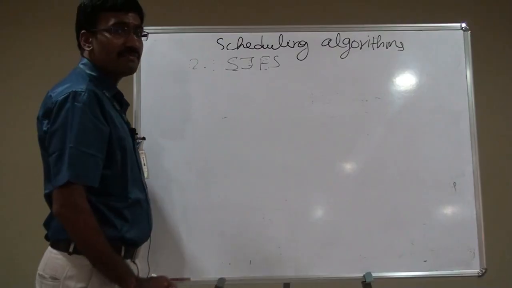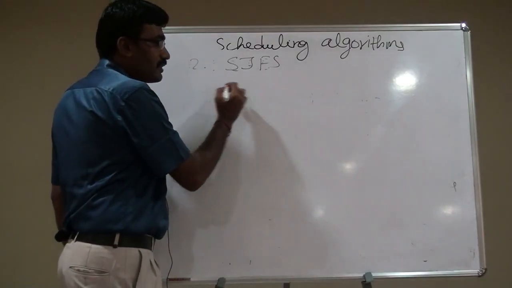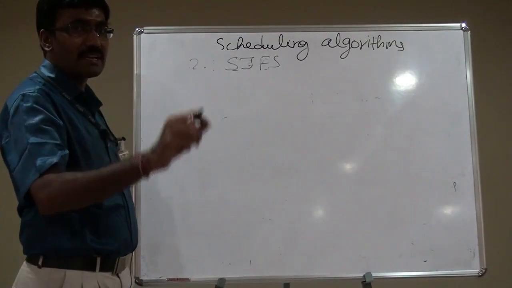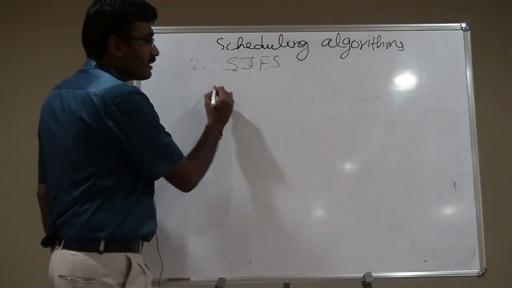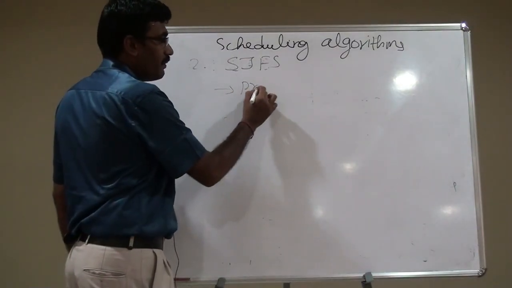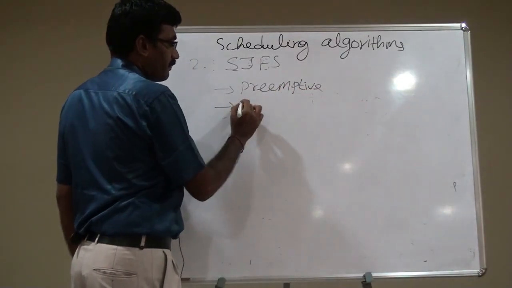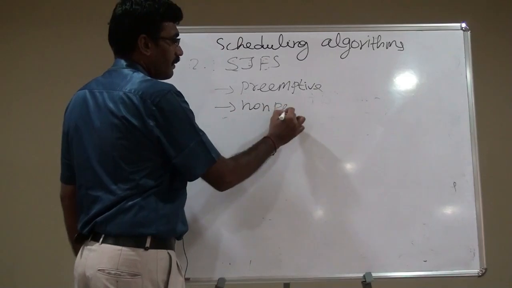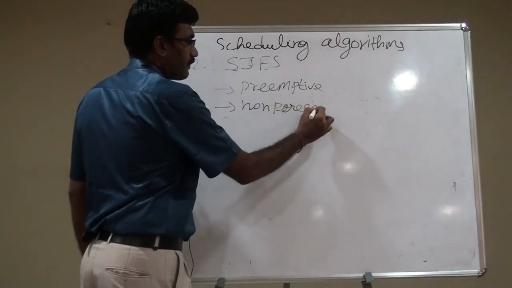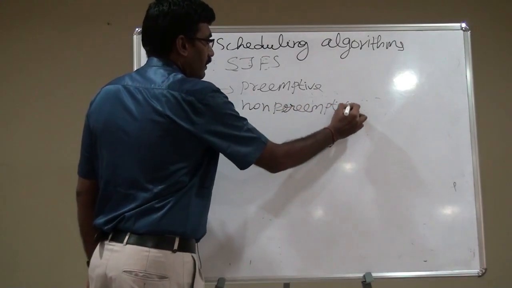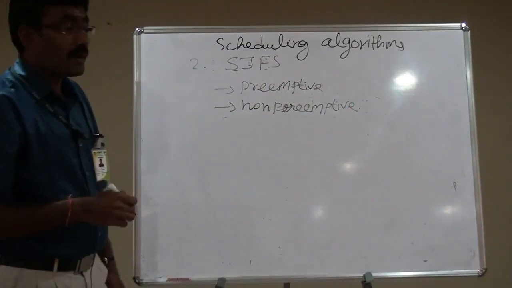Second one, shortest job first. Here we allocate the CPU to the smallest job first. Shortest job first contains two types, preemptive and non-preemptive.